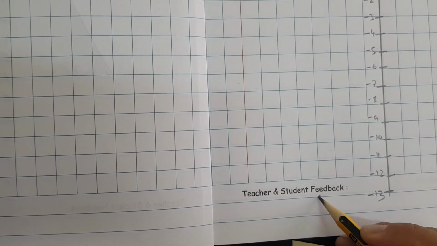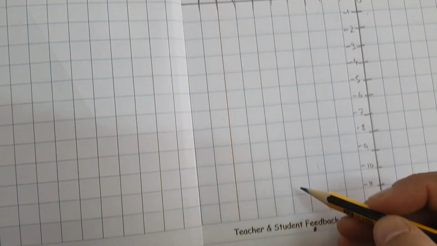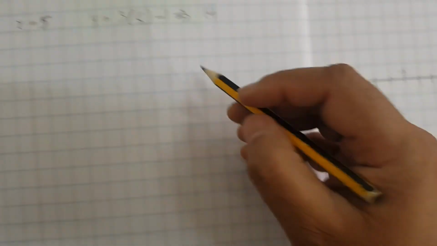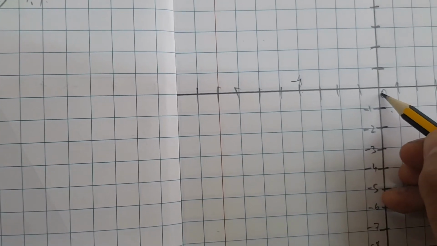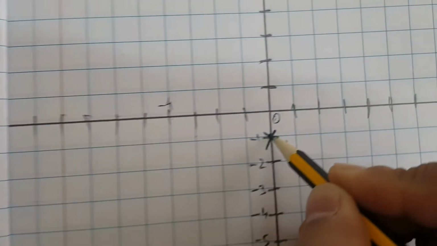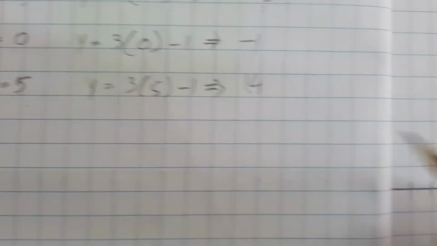So I mark the point here where y is negative 13 and x is negative 4. Then x is 0 and y is negative 1, so I mark that point. And then I move on to the next point, x is 5, y is 14.